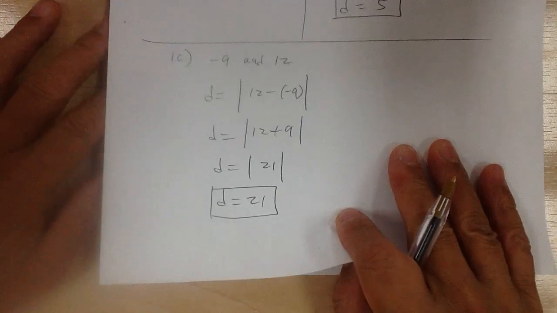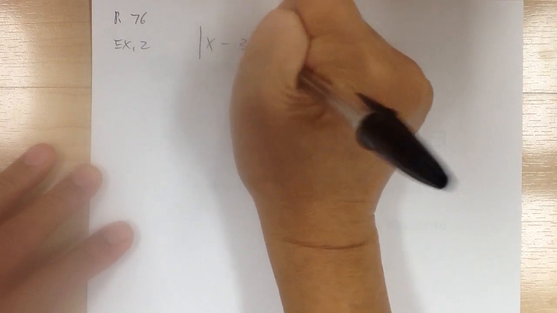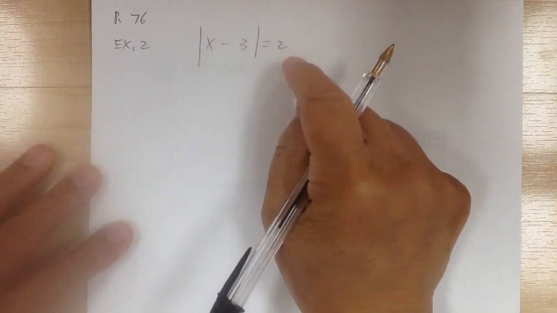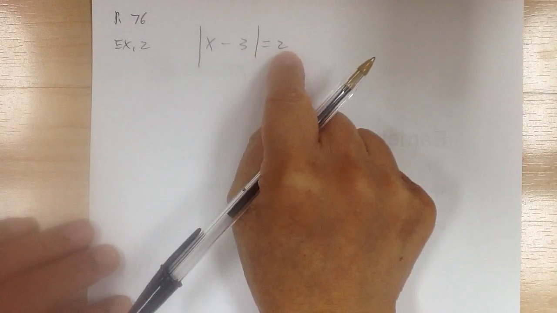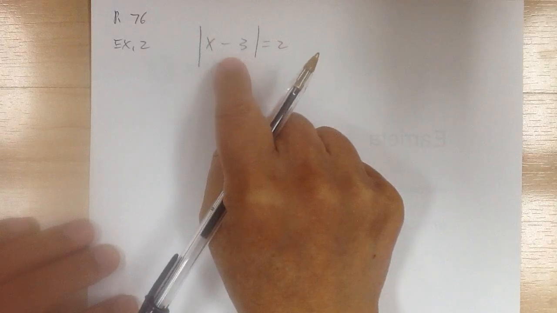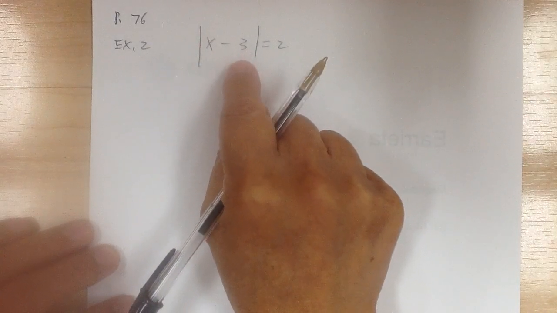Okay, so now let's solve graphically. Let's go to example 2. So you solve the absolute value of x minus 3 equals 2. What it's saying is that the distance between x and 3 is equal to 2.